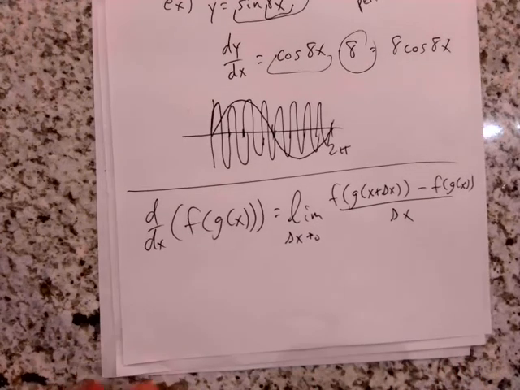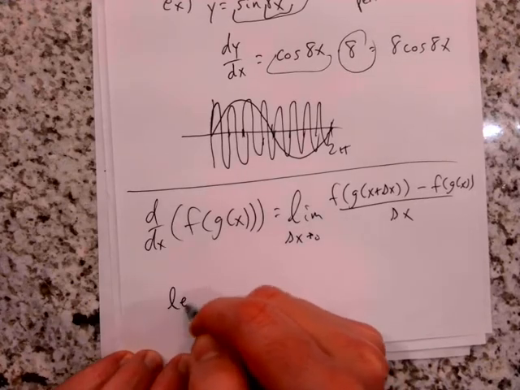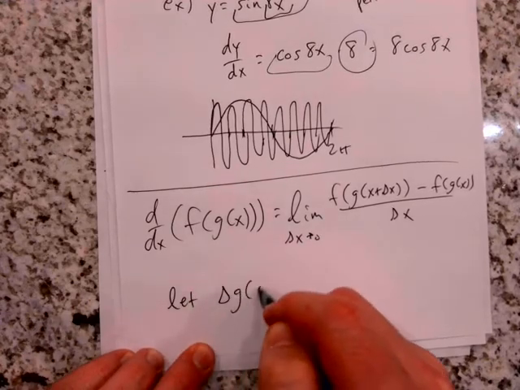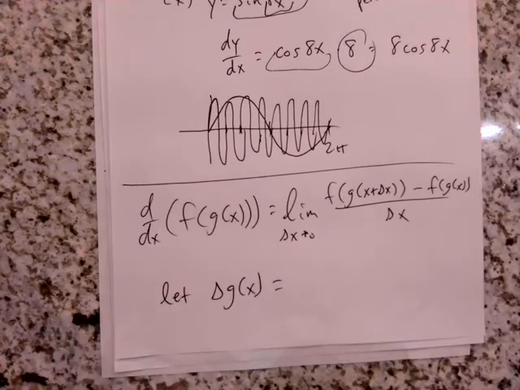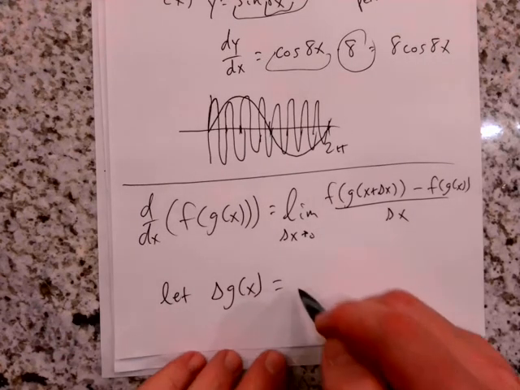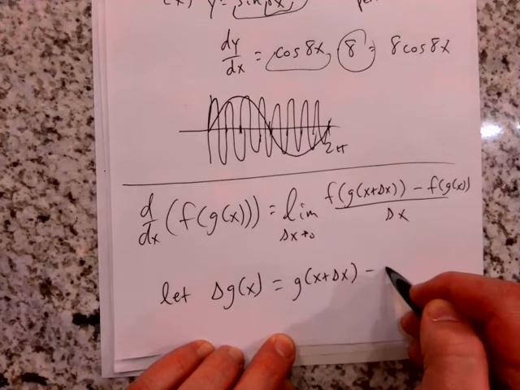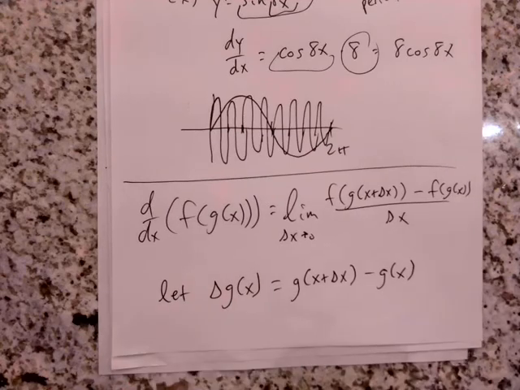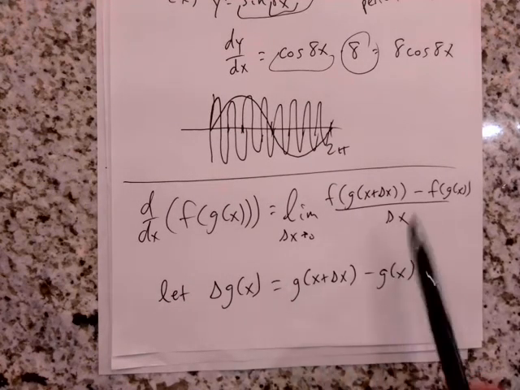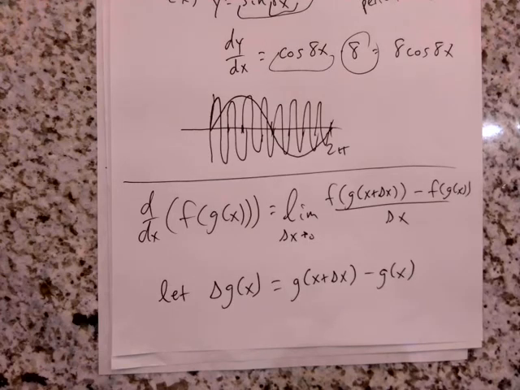For our next step, we're going to introduce a new term, delta g of x. Delta means change, so delta g of x means the change in g of x, which means it's g of x plus delta x minus g of x. Which makes sense. That's how much g changed as x changed from x to x plus delta x.